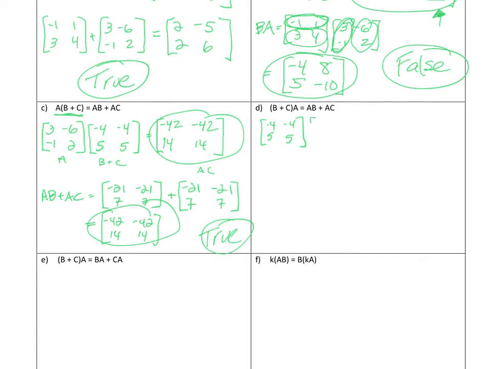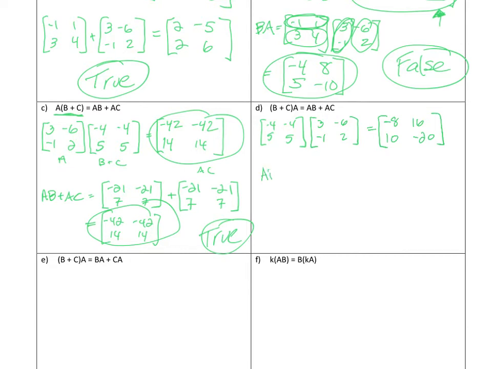And then times A, which is 3, -1, -6, 2. So that comes out to -12 plus 4 is -8. 24 minus 8 is 16. And 15 minus 5 is 10. -30 plus 10 is -20. So that's the left-hand side of my equation.